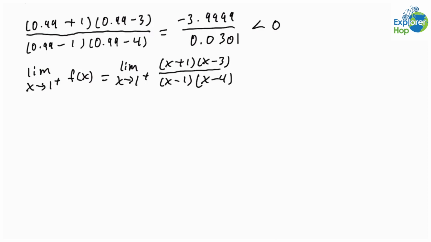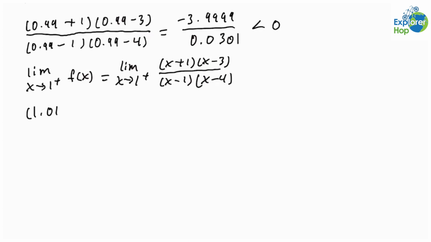And this time, since we're approaching 1 from the right, then we can sub in a number larger than 1. So we can sub in x equals 1.01, for example.